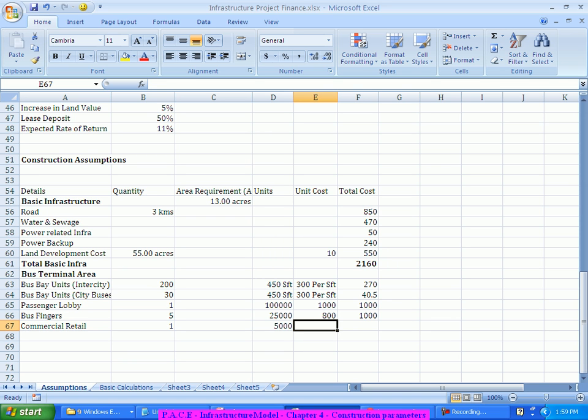You see, everything you may not develop. Some commercial space, commercial shops or something, you will give it for some commercial development there. So they will develop it, but they will pay you something on a regular rental basis for utilization of that space. So 5000 SFT, you just want to give it for that kind of commercial use, probably for some shops which you are not developing and maintaining. Only the space you will give it to someone, and they will construct it and do it on their own.